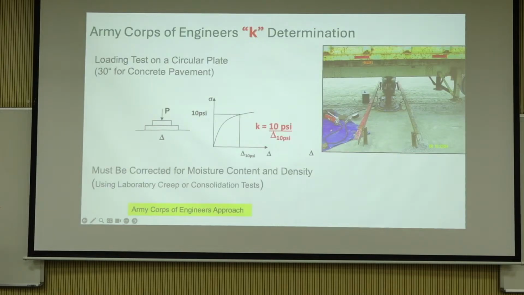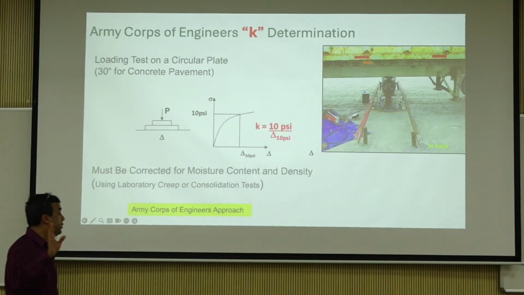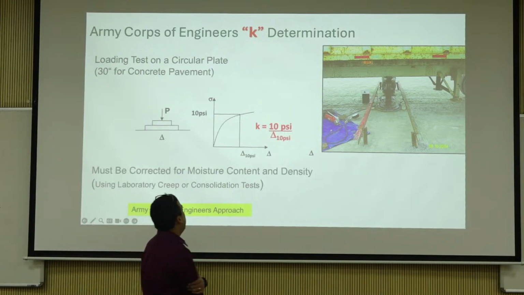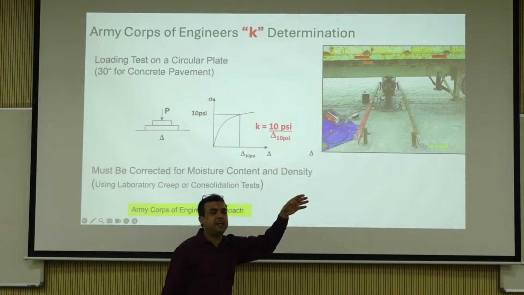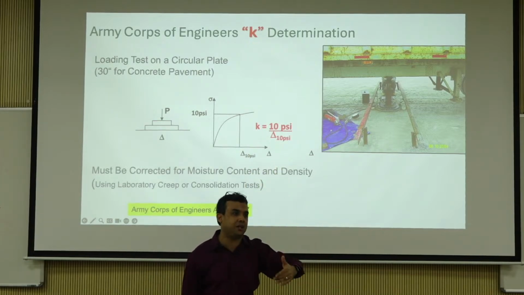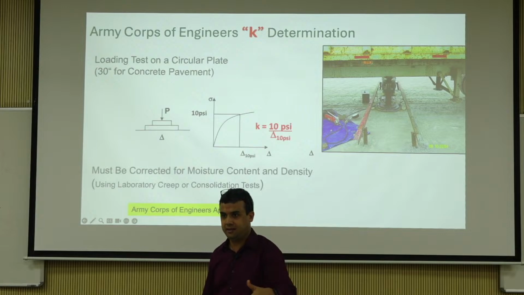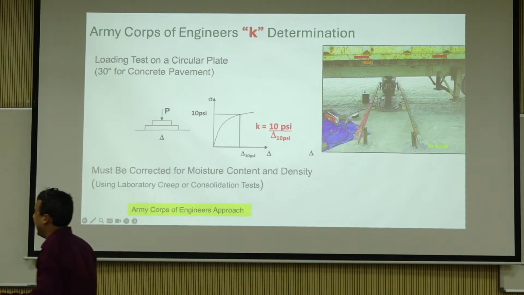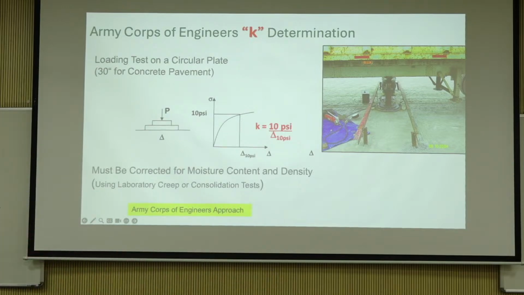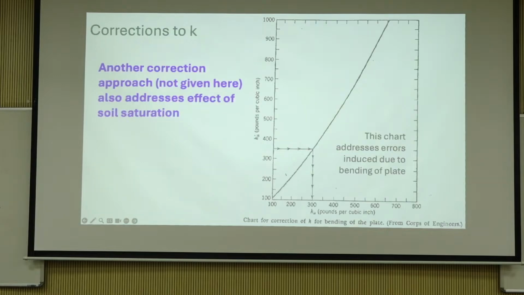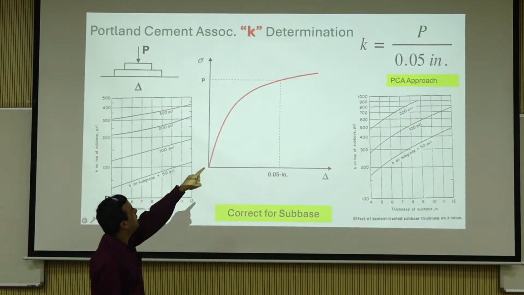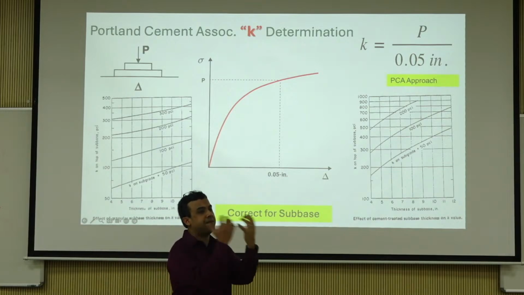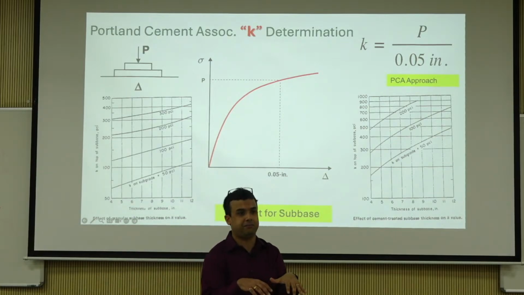So how do you measure? There are different types of measurements. I don't know about the Indian standard, but the Army Corps of Engineers, they actually measure at 10 psi divided by the corresponding deflection at 10 psi. Okay, whereas the Portland Cement Association for concrete pavement design, I'll show it in a second, what they do is they do the pressure divided by a given deformation of 0.05 inches.